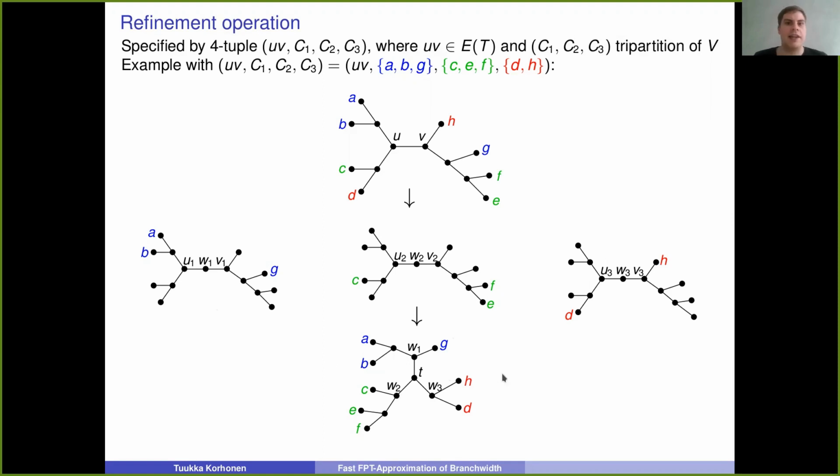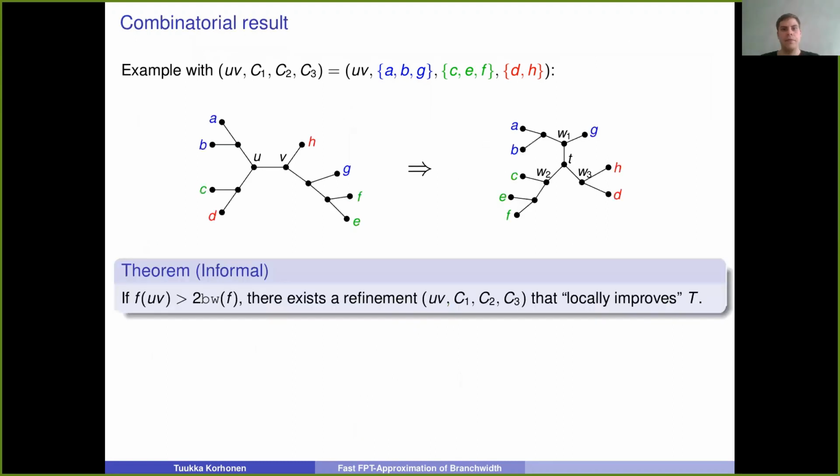It doesn't yet tell anything about whether it's useful or not. Here's again the same example. Our first computational theorem is that if you have some edge UV whose width is larger than the branch width of this function, then there exists some partition C1, C2, C3, so that refining with this edge and this partition actually locally improves this branch decomposition.